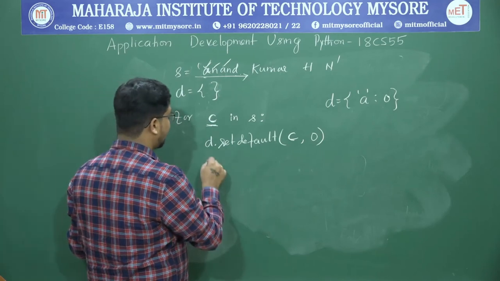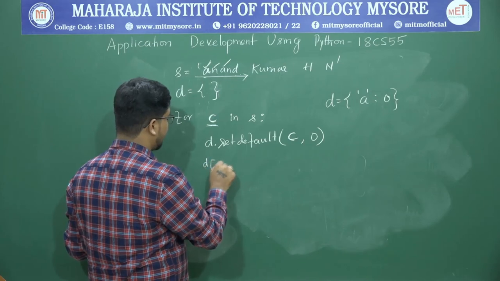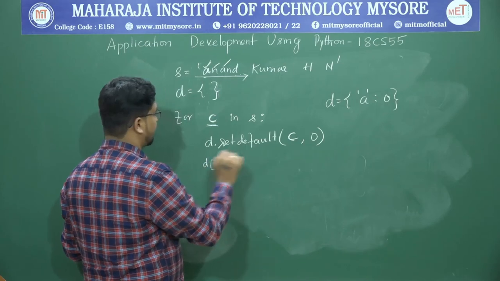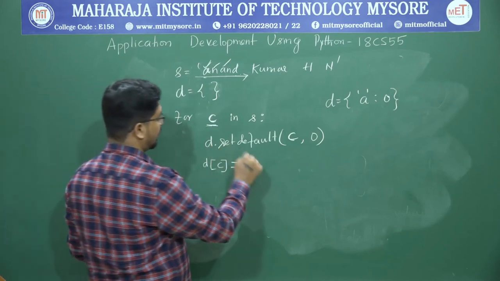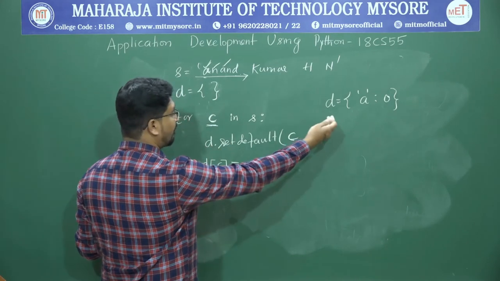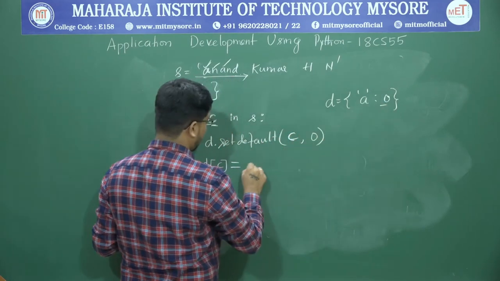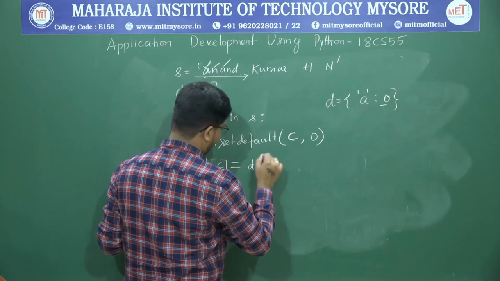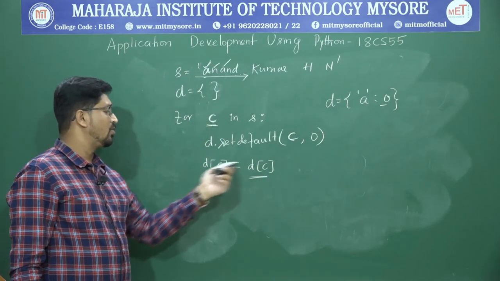Then I need to increment the value. How to increment the value? This is very simple. D of C, just assignment. D of C means D of A is equal to, you need to get the value of A. How to access? It is D of C again. Here don't think value is equal to value.